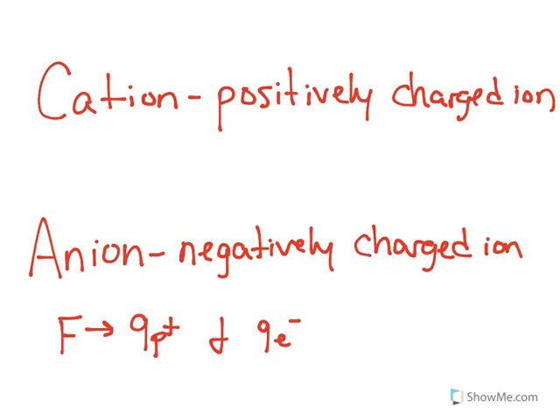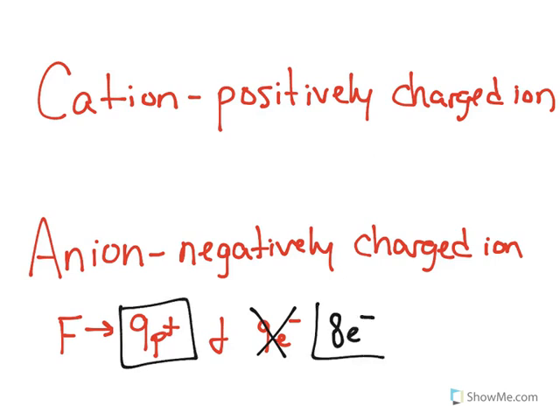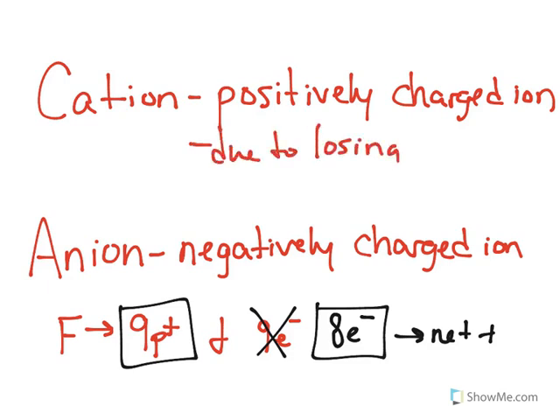Since an electron is negatively charged, envision losing this electron. You now have 8 electrons. Well, you have 9 protons and 8 electrons. That gives you a net positive charge, meaning cations are positively charged due to losing 1 or more electrons.